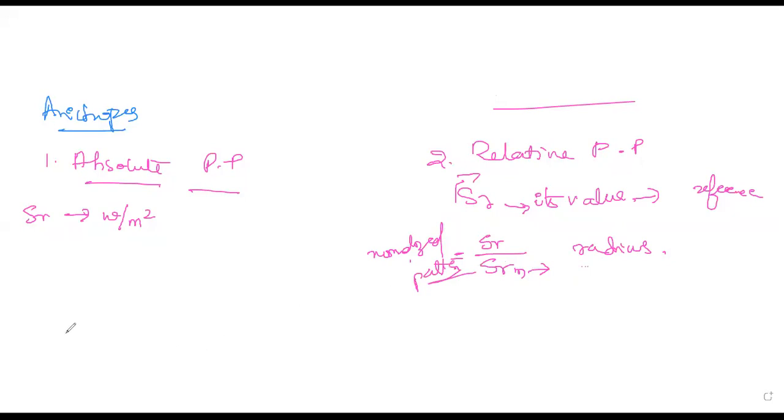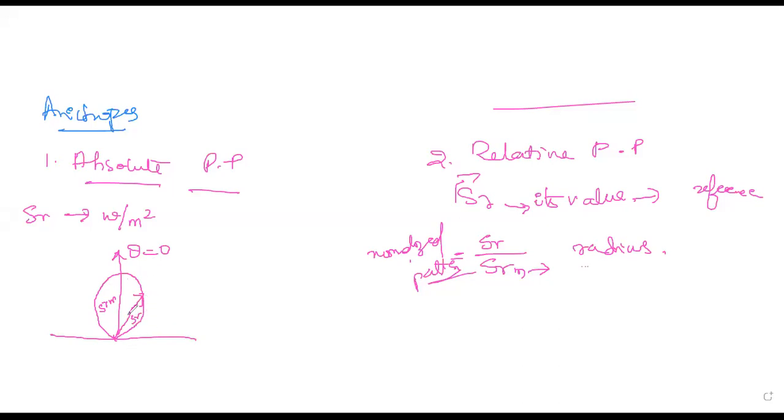If you are drawing the figure for the absolute power pattern, this is a three-dimensional pattern of a sphere, and where theta and phi are 0, this is your maximum value, which I take as SRM. So this is SR, the radius.